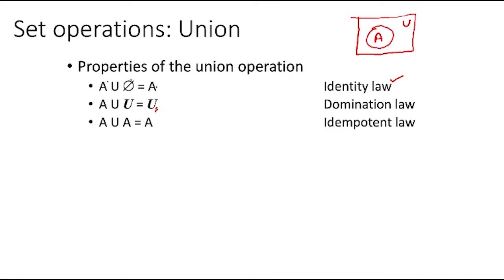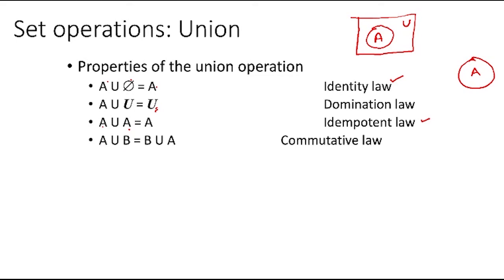The idempotent law is a well-known law. A union A means you take A only, so A union A is A only. You are adding A with A, only the common portion, so A will be there, right? Commutative law: A union B or B union A are the same.